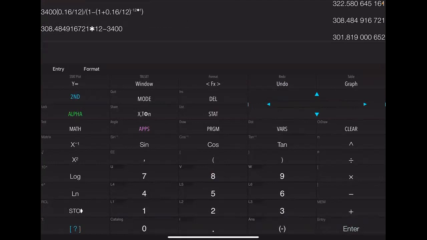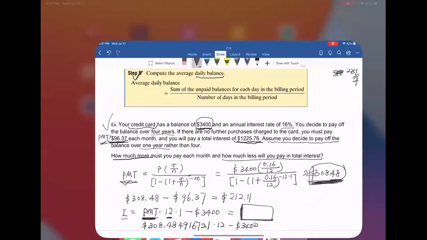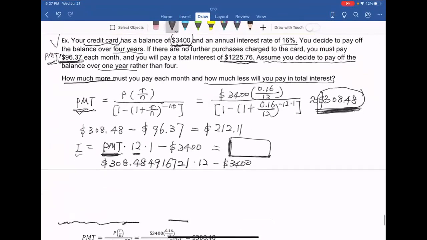Do I do something wrong? Oh, that's correct. This is the right one. So I got the total interest that I paid if I pay off in a year is 301.819.